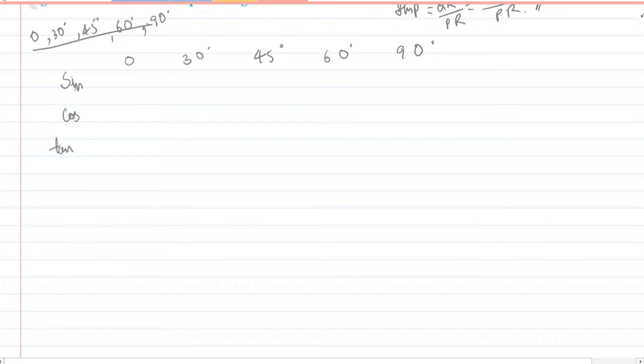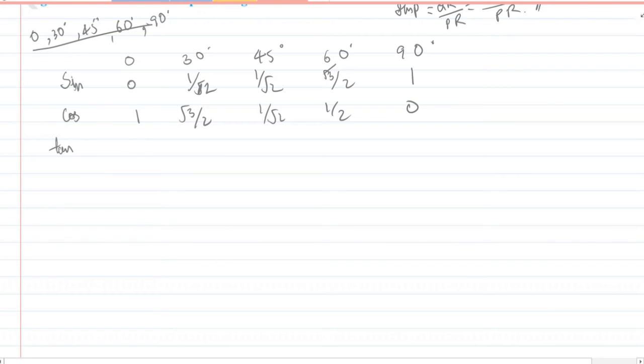So keep in mind, in this first line, always remember sine 0 is 0, sine 30 is 1 by 2 and sine 45 is 1 by root 2, sine 60 is root 3 by 2 and sine 90 is 1. Cos is nothing but the ulta of sine. Root 3 by 2, 1 by root 2, 1 by 2, 0. I prefer remembering this stuff by heart, but if you want to remember this trick, just remember.